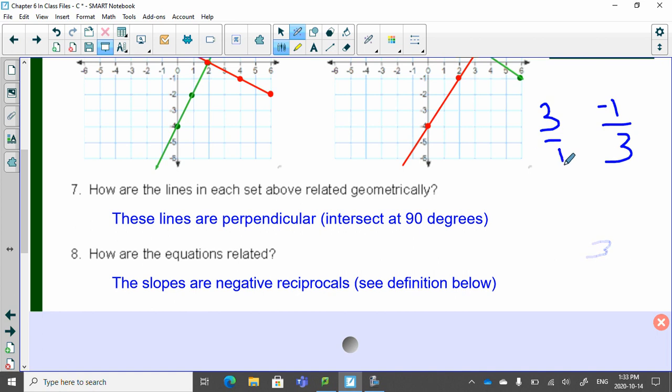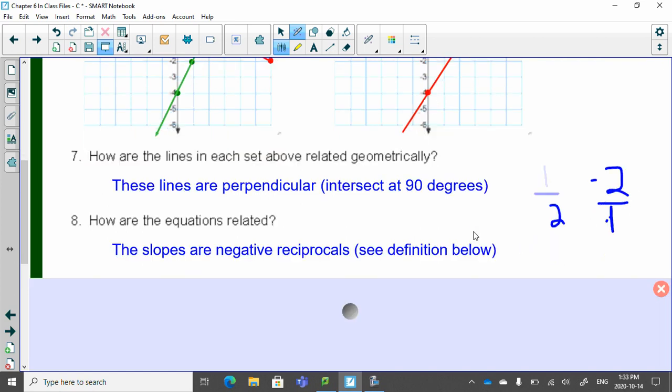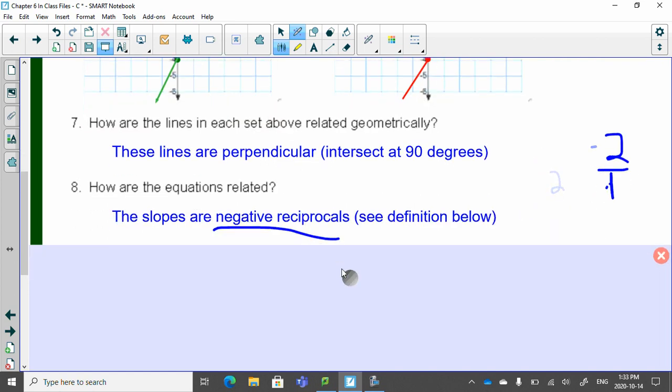Remember that 3 is like 3 over 1. Flip it, change the sign. 1 over 2 and negative 2, or negative 2 over 1. Those are perpendicular. They're called negative reciprocals.